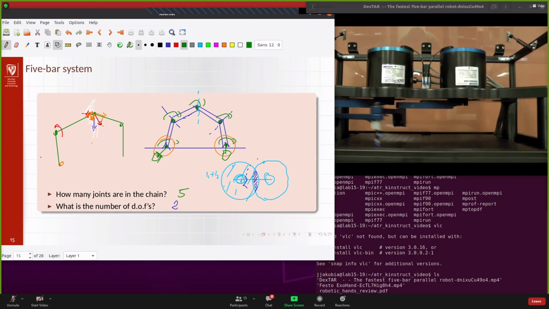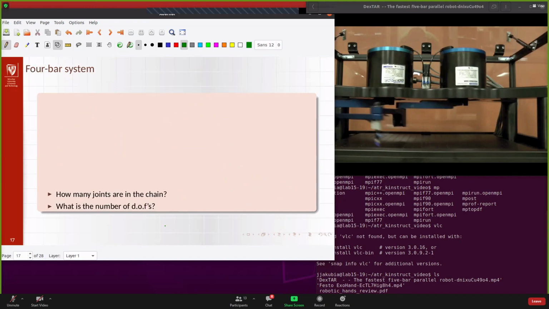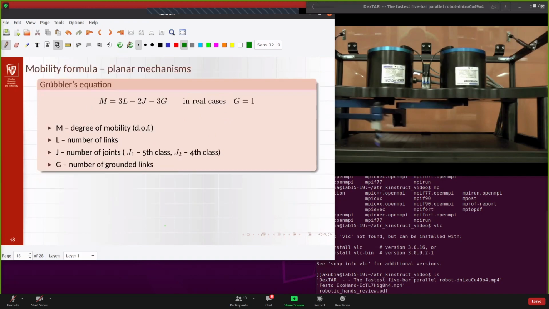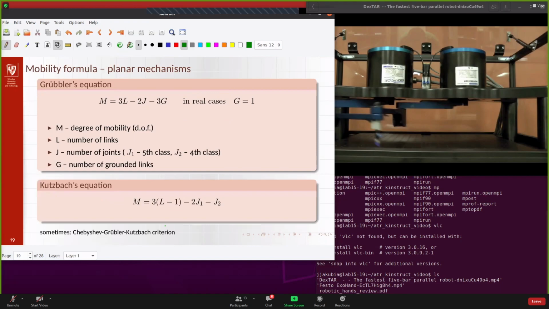But the gains in the form of speed and low mass cause this type of manipulator to be used quite often, and we will see 2 examples in the end.